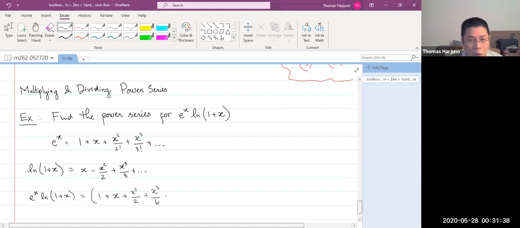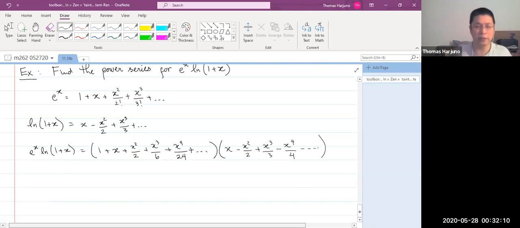Let me go one more term: x to the 4 over 4 factorial, that's 24, and on, times x minus x squared over 2 plus x cubed over 3 minus x to the 4 over 4 and on. Our issue is how to multiply this power series.